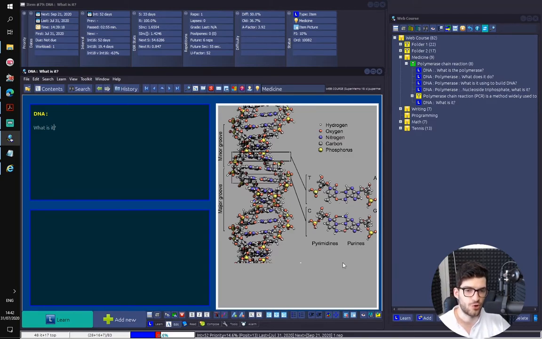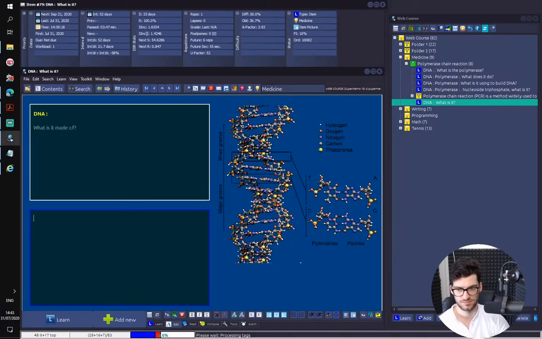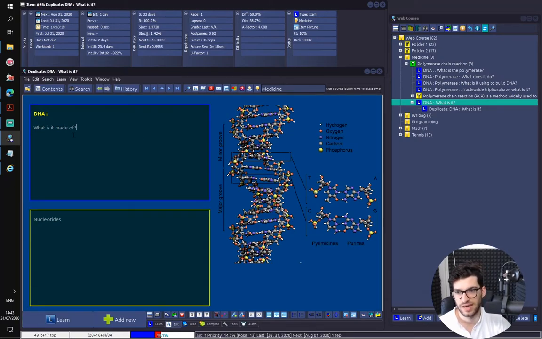You would have to know what they actually are, but we don't want to. We just don't want to waste time, okay? Let's say, what is it made of? And you say nucleotides. Then since we like this image, we just do Alt-D to duplicate, and we're gonna see some filtering after this. What is a nucleotide?